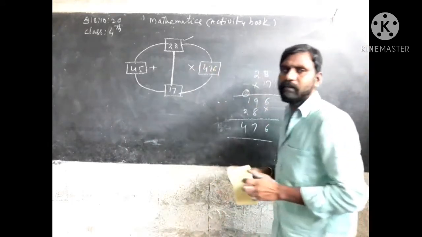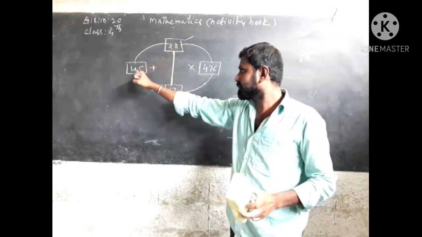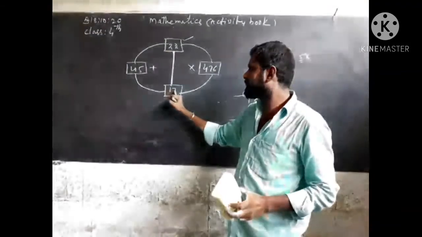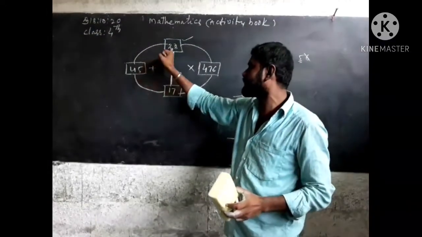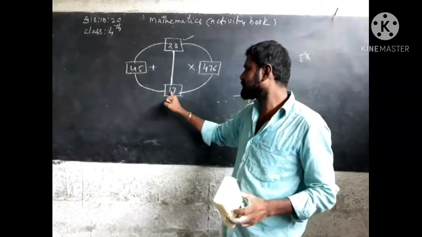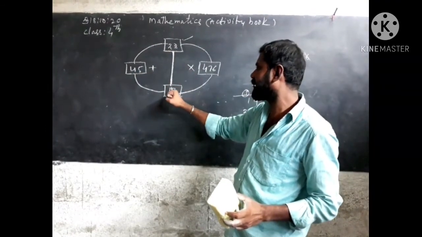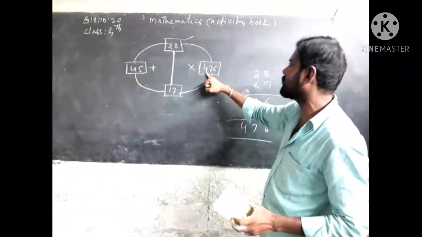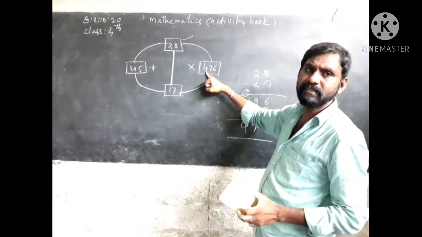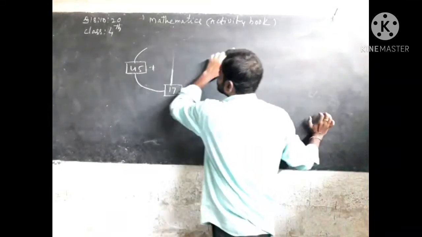Did you understand everybody? 28 is subtracted from 45, you can get 17. 45 minus 17, you can get 28. And 28 into 17 or 17 into 28, you can get 476.